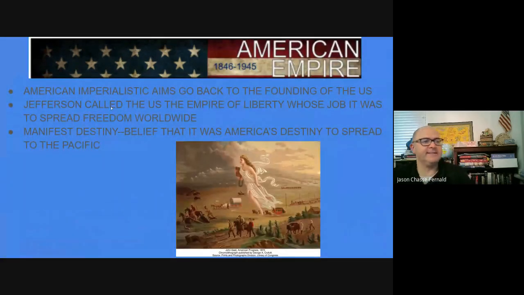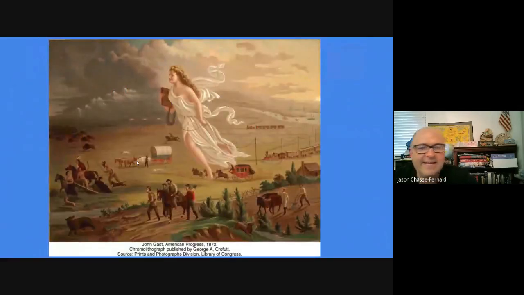So this is the claim, hopefully you would have picked up by now, that American imperialism goes back to the founding of the United States, when Jefferson calls the U.S. the Empire of Liberty, whose job it is to spread freedom worldwide, right? And this is this idea, which will eventually become known as manifest destiny, that it is our destiny to spread liberty from the Atlantic to the Pacific. And you're seeing this from this image.